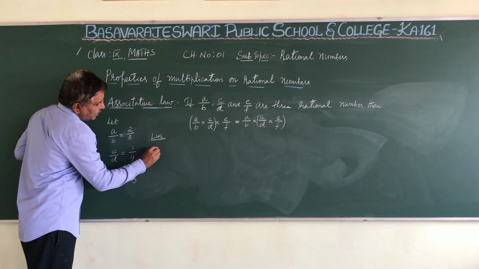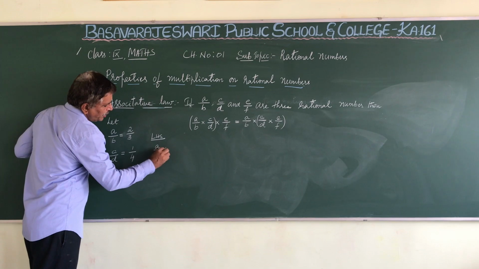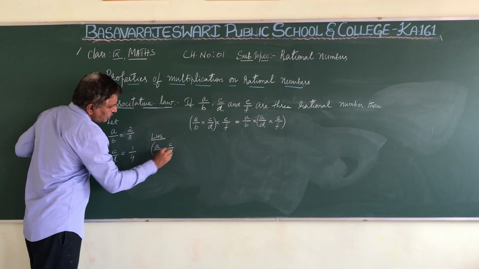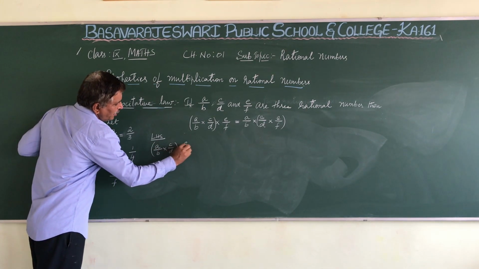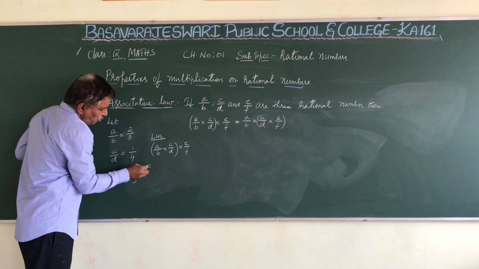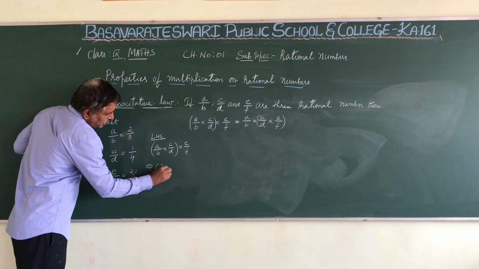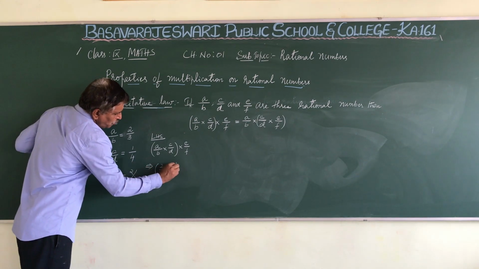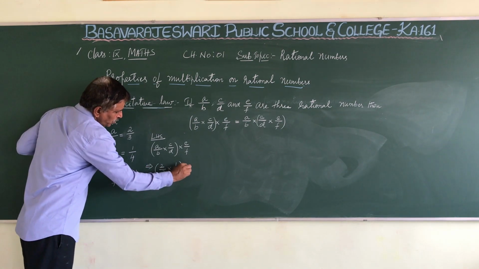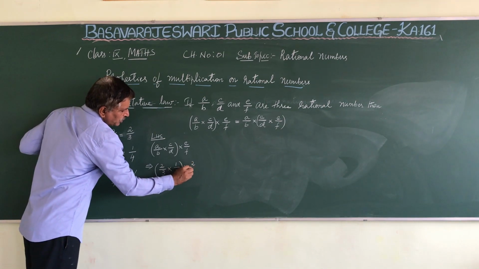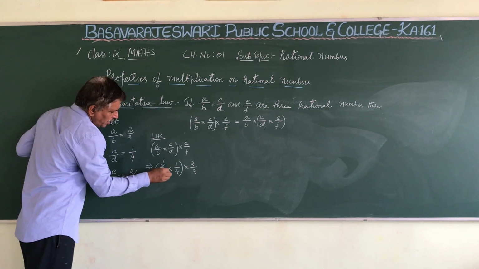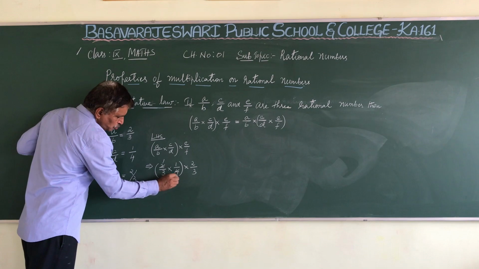What is left hand side? A by B into C by D into E by F. So this implies, what is A by B? 2 by 3 into, what is C by D? 1 by 4 into E by F, that is 2 by 3. So 2 one time, 2 two times.